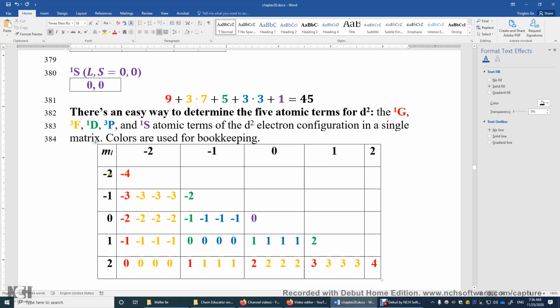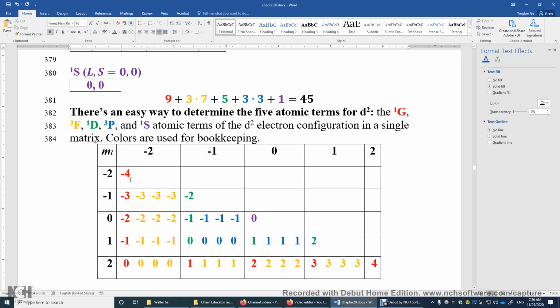Over here, this means both electrons have -2 as the value of M sub L. Both electrons are in the same d orbital, so they have to be one alpha and one beta. No other exceptions. So actually, there's only 1 microstate here.